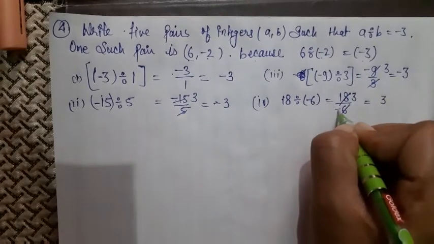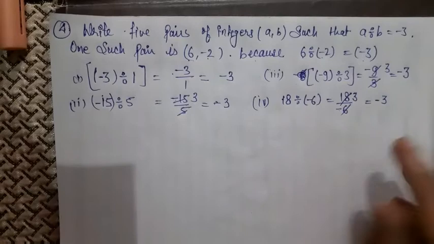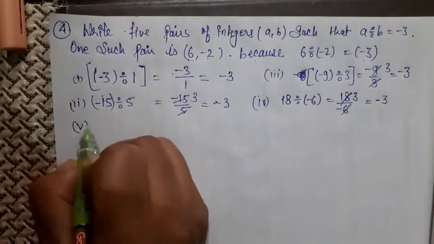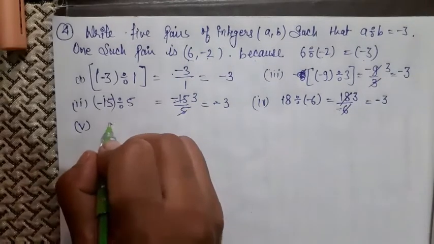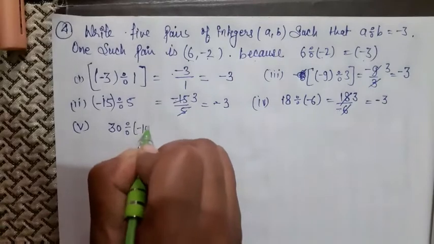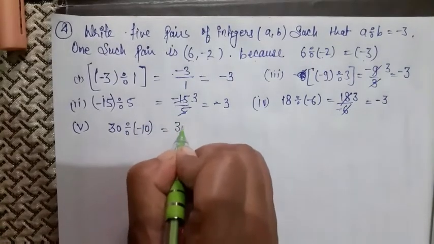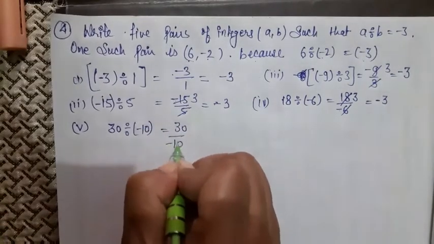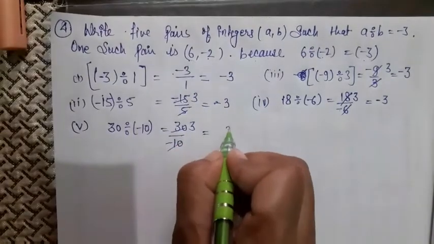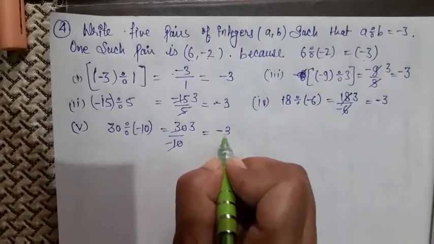Here is 3 and here the minus sign. So here -3. And the last is we divide 30 by -10. So here 30 divided by -10, 10 threes are 30. So here 3 and the sign is minus here.